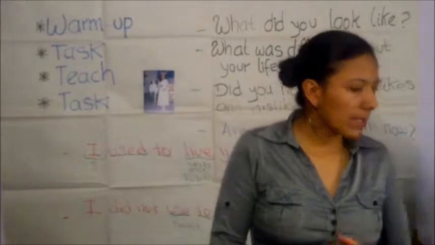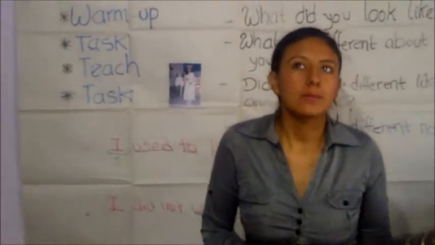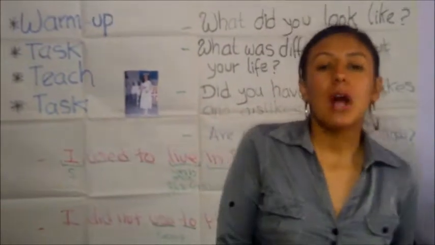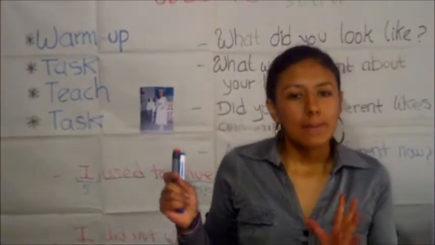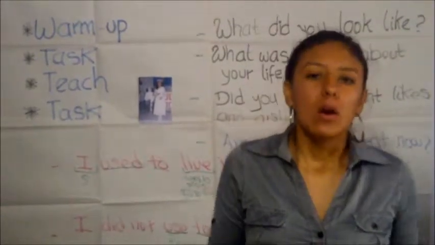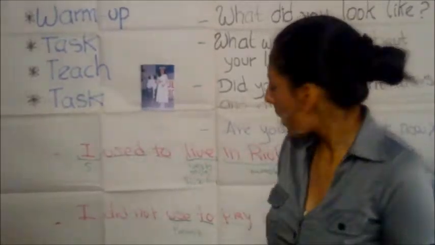So, for example, you can say, when I was a child, I used to live in Riobamba. Also, I used to play with my cousin, or I didn't use to play basketball. And then you have to write these sentences on the board.